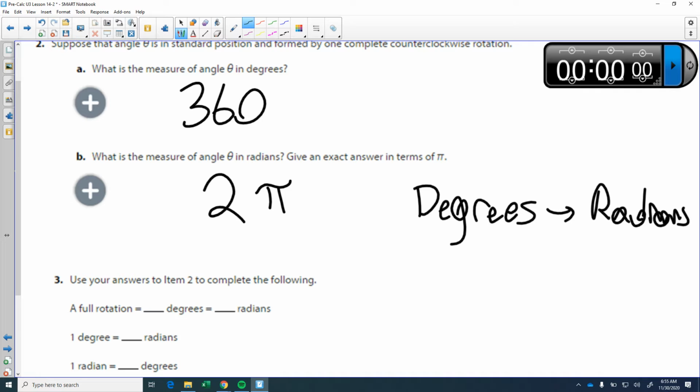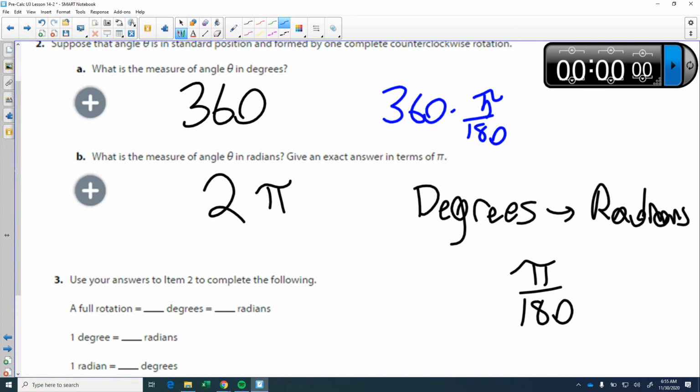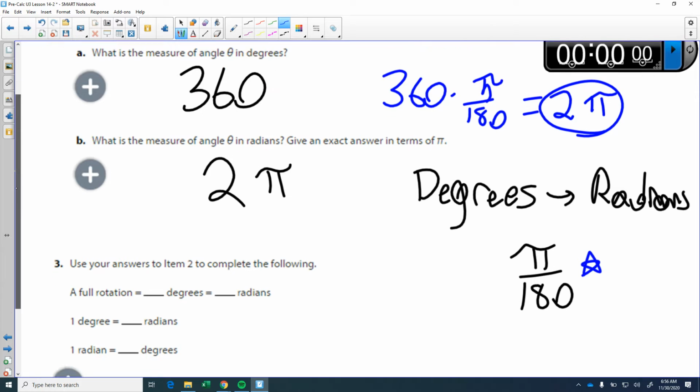If I want to find radians from degrees, it's just going to be using pi over 180 to help simplify it. If I take 360 and multiply it by pi over 180, 360 divided by 180 would just be 2, and the pi would just sit, giving me a value of 2 pi as an answer. So I can use this as my conversion tool for a lot of these values.